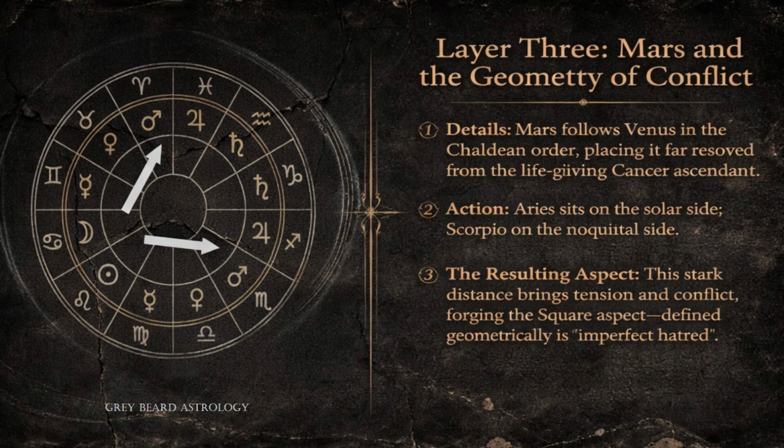Mars is about tension. We're just trying to illustrate that each planet is getting a domicile on each half of the chart. Mars, the warrior, raw warrior energy, conflict, action under pressure. Now, technically, Mars enjoys being in Scorpio more so than Aries, because Mars is a nocturnal planet.